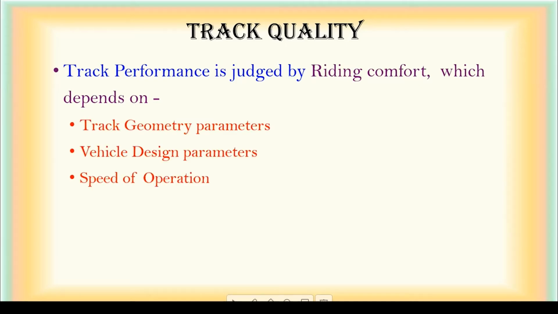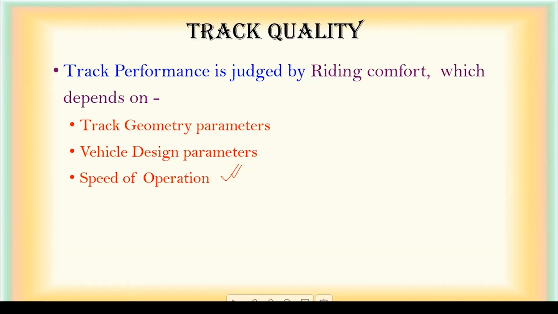And that riding comfort depends not only on track, it depends on track geometry parameters, it depends on vehicle design parameters, and it also depends on the operating features. What are the operating features? What is the gradient? What is the curvature? Then what type of loco is there? What type of couplers are there? All those things affect overall riding comfort.